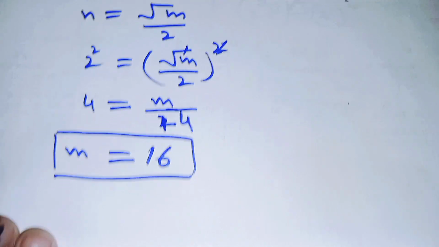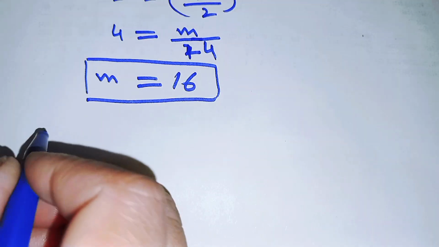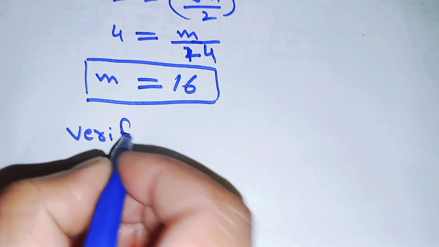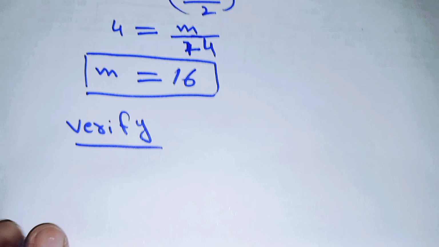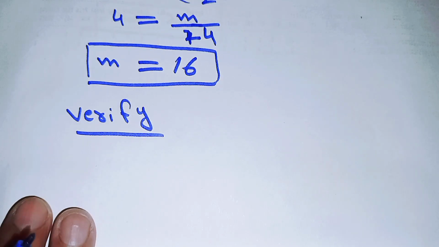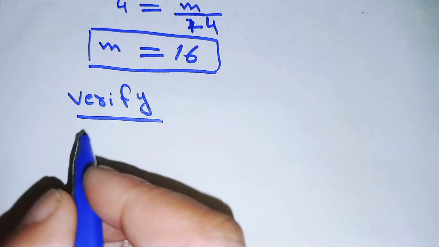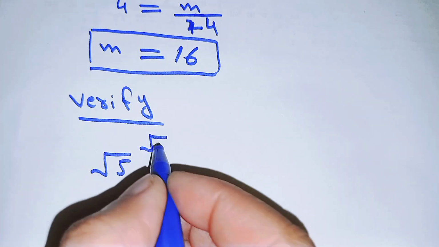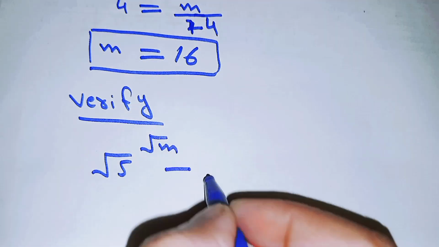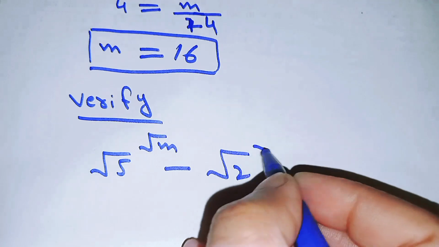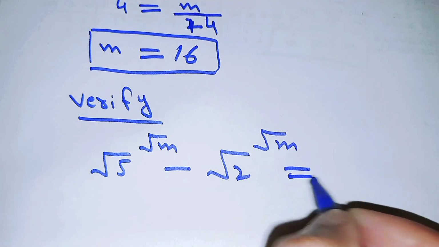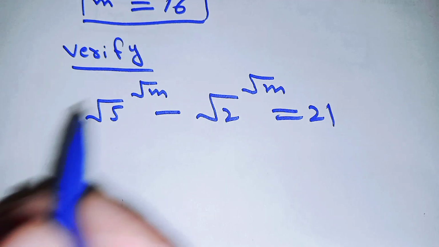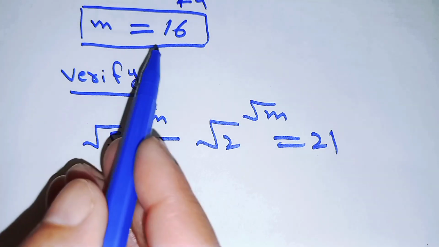So let's do the verification. We put the question, which is the square root of 5 to the power of the square root of m, minus the square root of 2 to the power of the square root of m, is equal to 21. Here we put the value of m, which is 16.